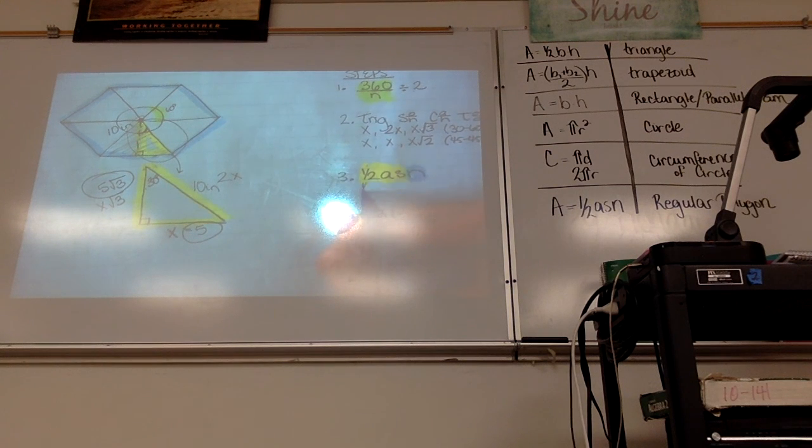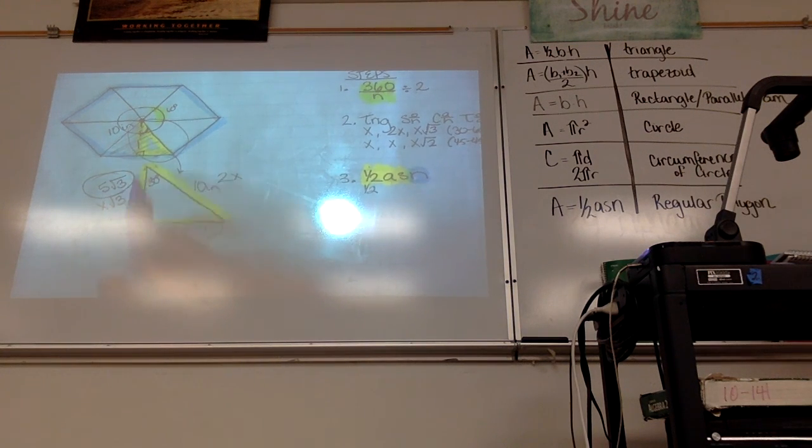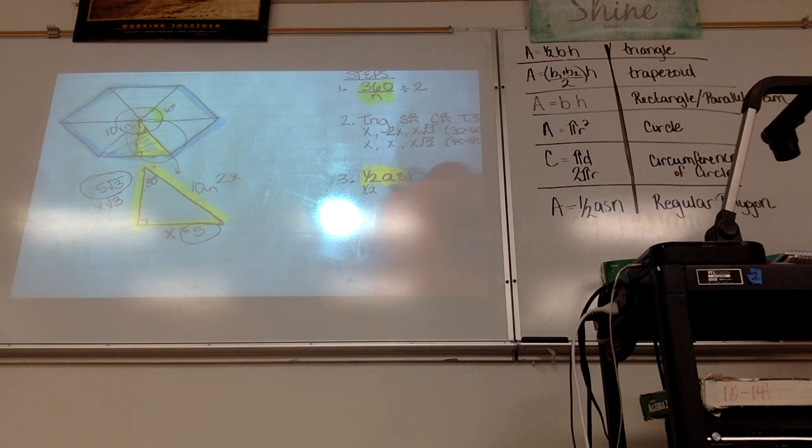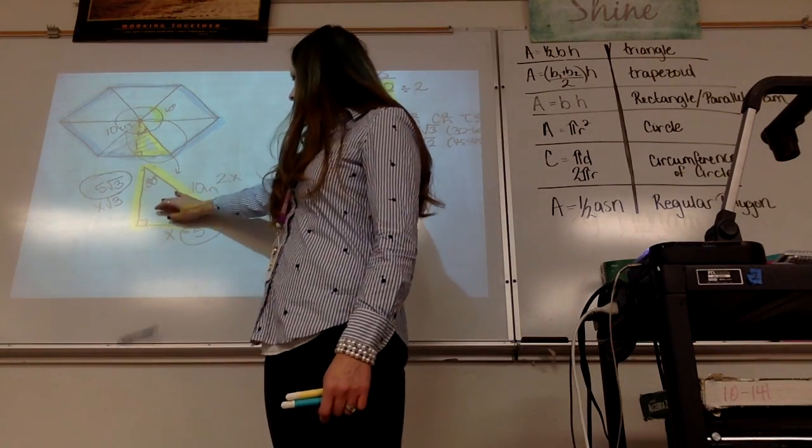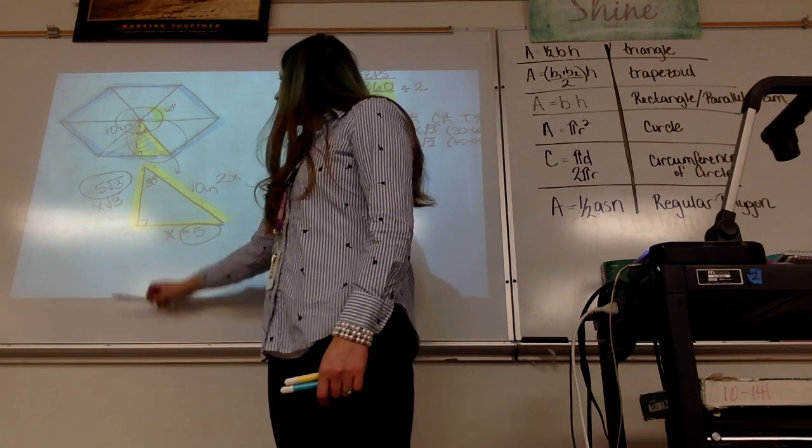So apothem, how tall is the apothem? 5 square roots of 3. The apothem is the height of the triangle.